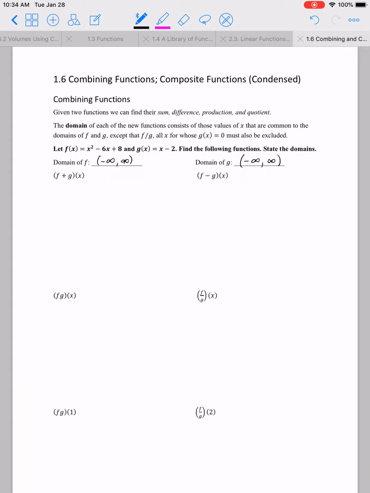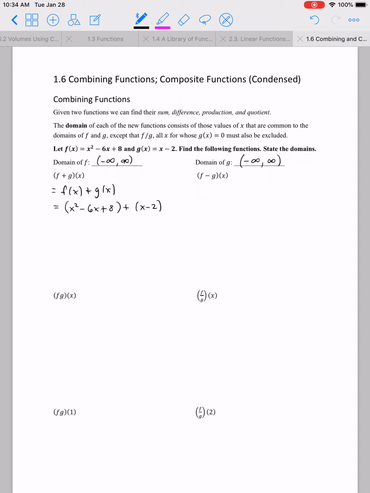So if we look at this one, this is telling us to simply add them. F plus g of x is the way you would read that, and it's simply going to equal f of x plus g of x. In this case, f of x is x squared minus 6x plus 8, and g of x is x minus 2.